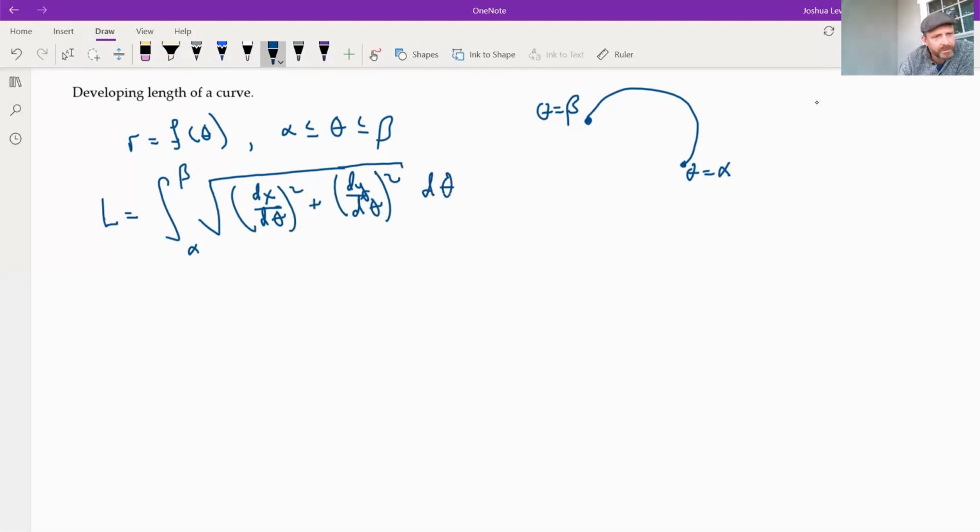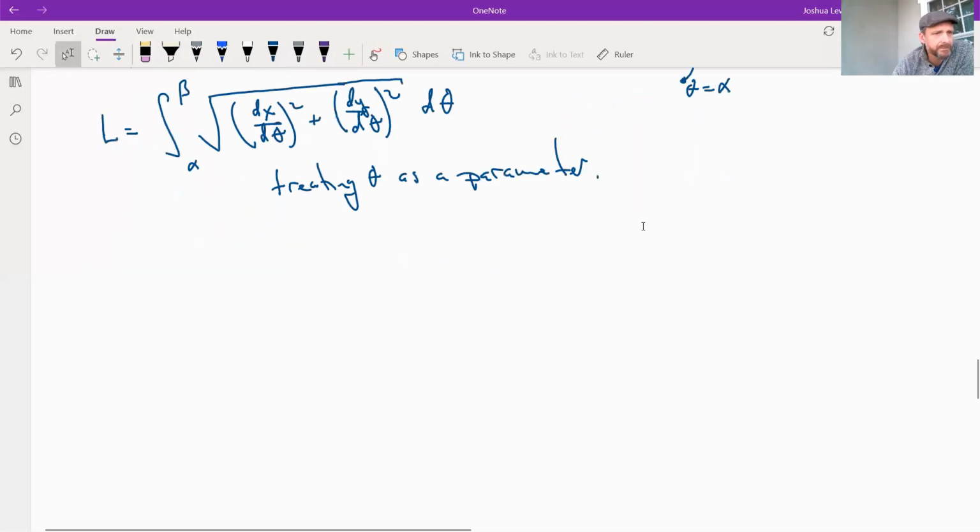So here I'm treating theta as a parameter, okay? Right, much like we considered time or t.